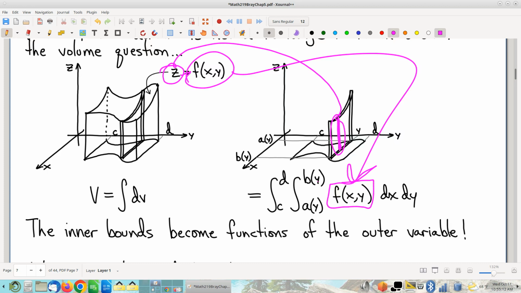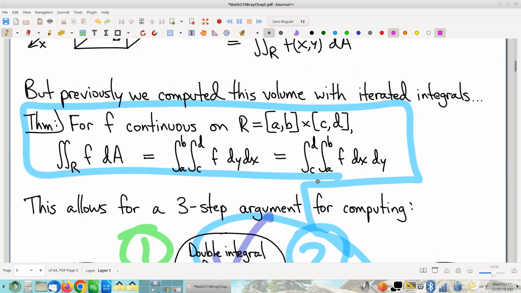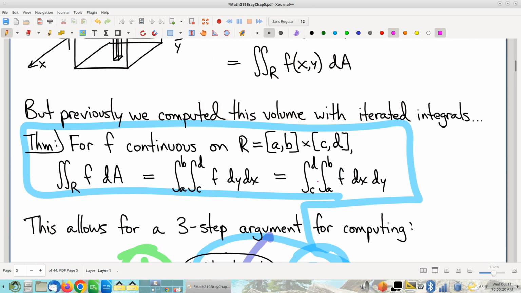My integrand, if I'm going to write down an iterated integral, is the same as the integrand from my double integral. So notice this: the iterated integral, the double integral, same integrand. So if I've already made a case that mass is a double integral of density, or population is a double integral of population density, whatever it is, I know my integrand.